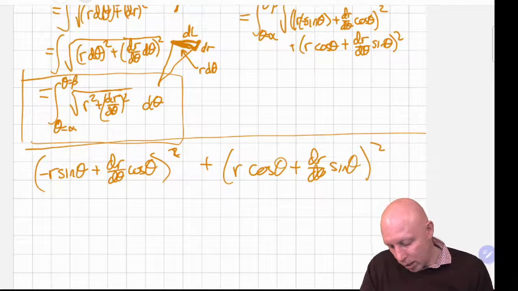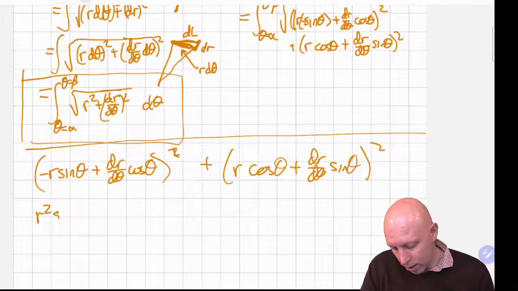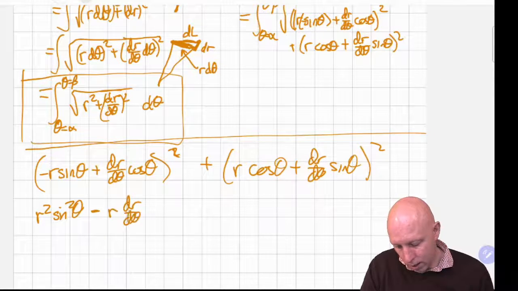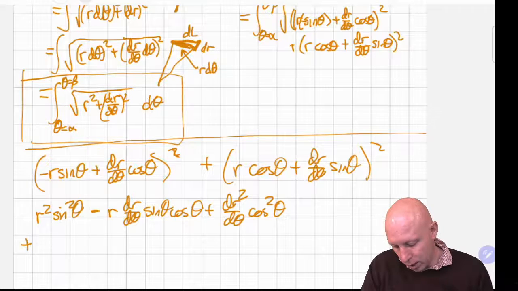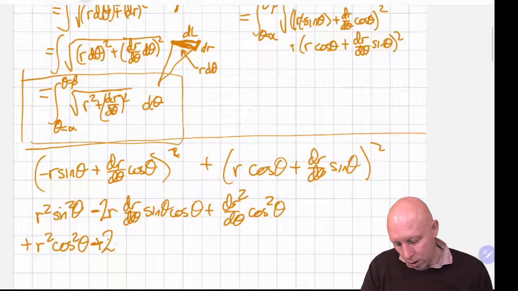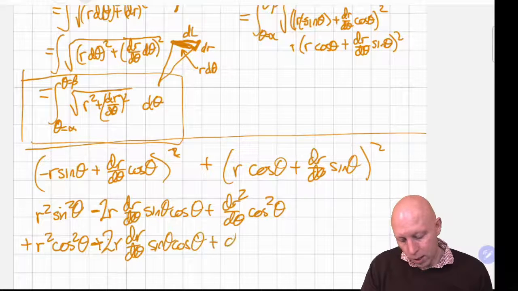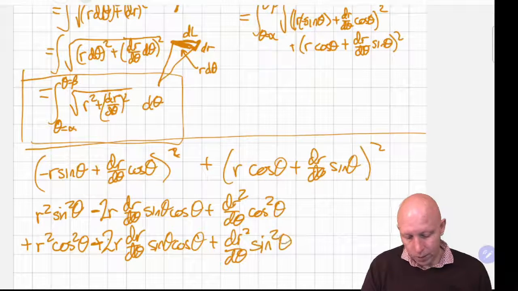As we expand, what do we get? We get r squared sine squared theta minus 2r dr d theta sine theta cosine theta plus dr d theta squared cosine squared theta. That's the first piece. And the second piece gives us r squared cosine squared theta plus 2r dr d theta sine theta cosine theta plus dr d theta squared sine squared theta.